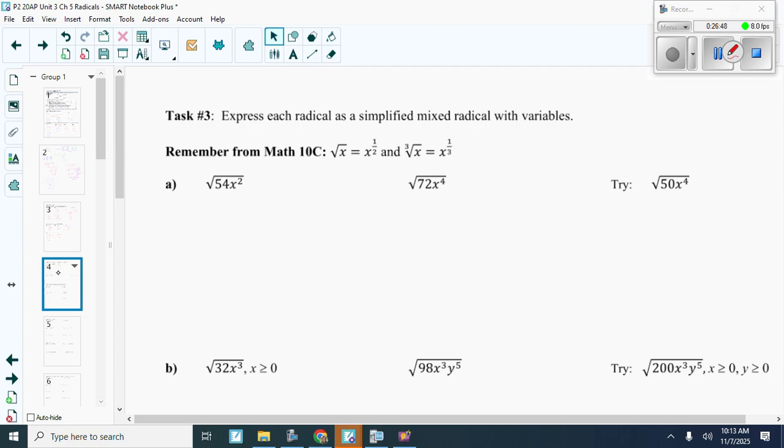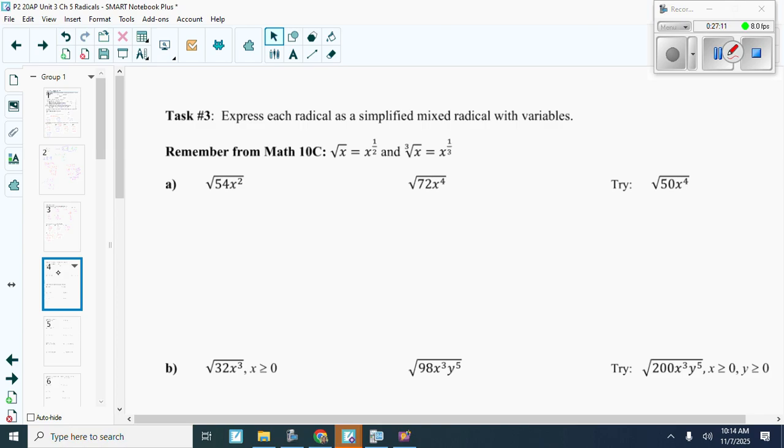Yep. So now we're introducing some variables underneath our square root sign. We have to remember how to do this, and again, you get multiple strategies. You can think of it like this, you can think of it like that. I'm always going to show you different ways to think about it.